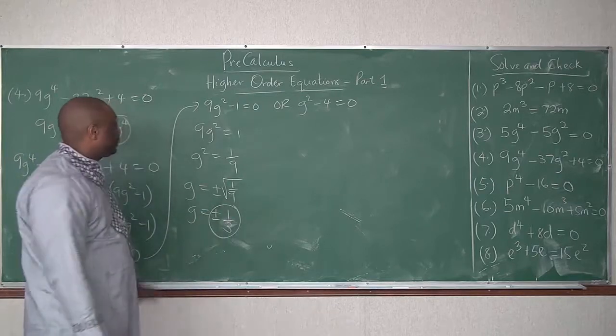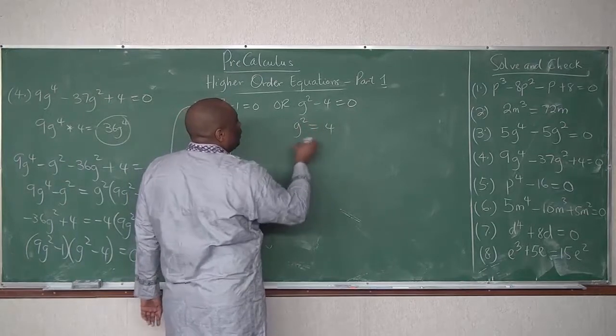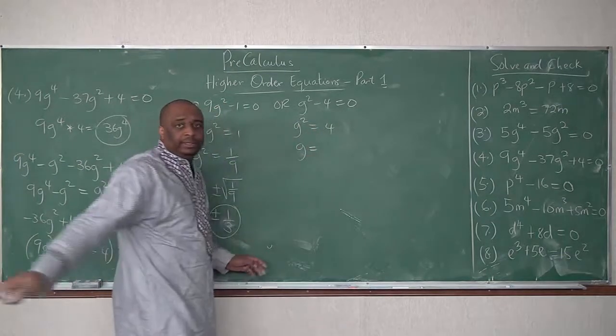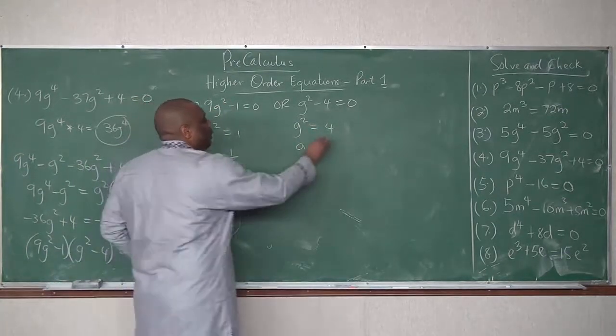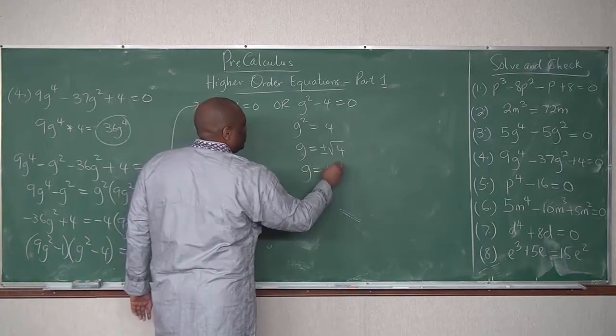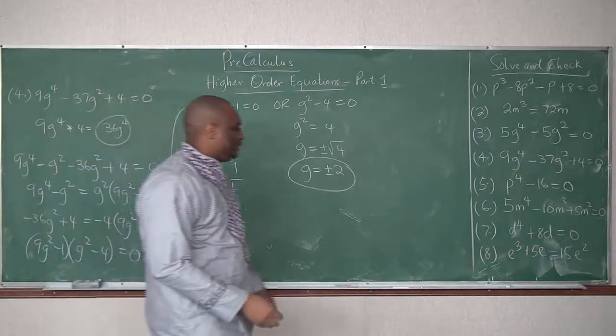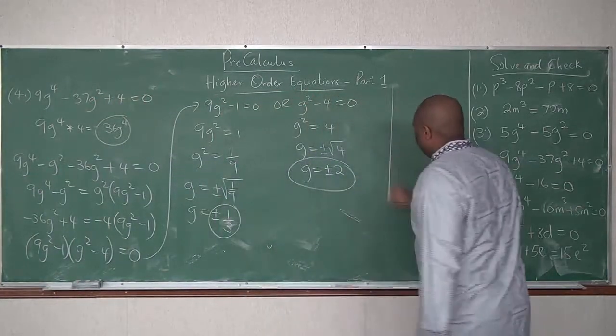Now here, g squared will be equal to 4. Take the square root property. That will be plus or minus the square root of 4. G will be plus or minus 2. So what are the solutions?